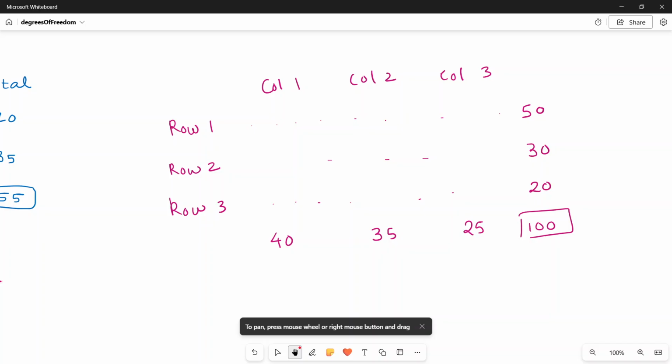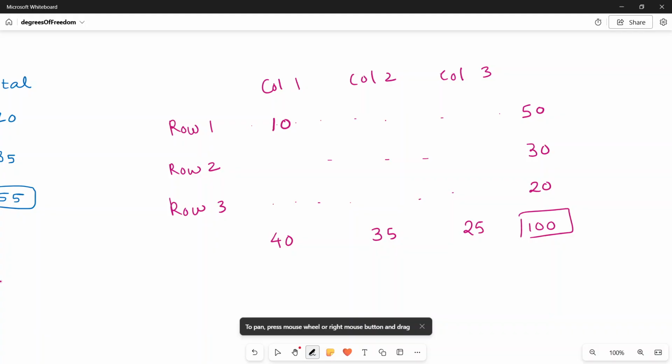So now let's again start with our hypothetical exercise. Basically, how many cells can you freely choose? Let's start with the first cell. Let's say I choose it as 10. Now I still know that column 2 plus column 3 should add up to 50, and row 2 and row 3 should add up to 40.